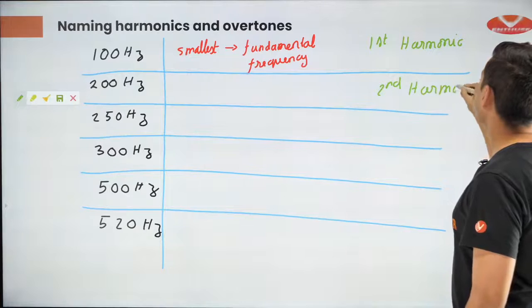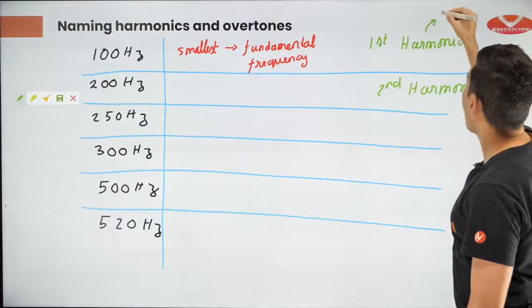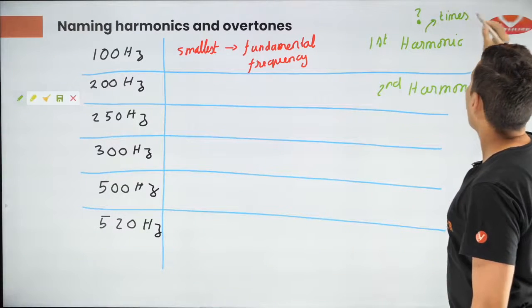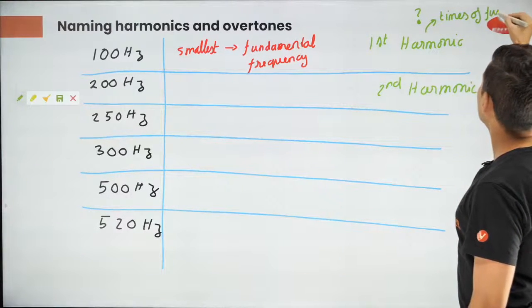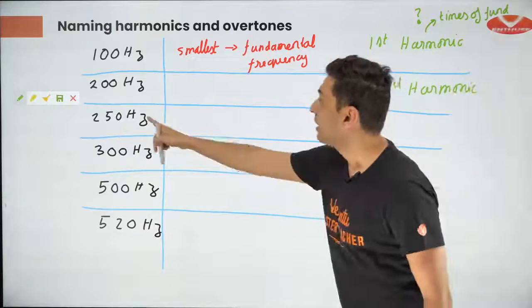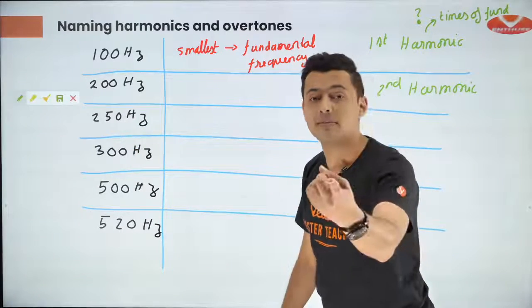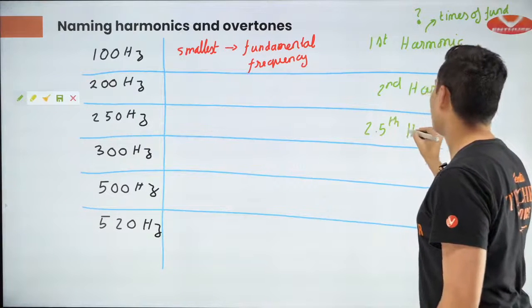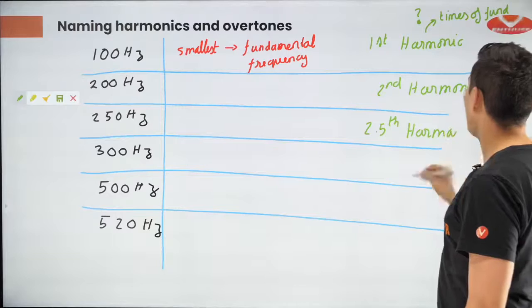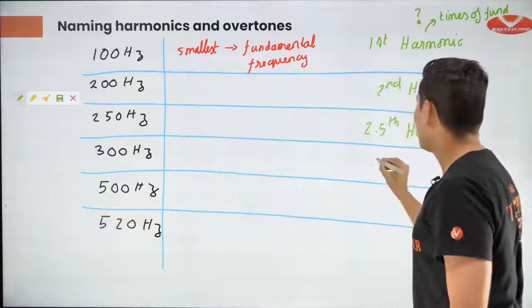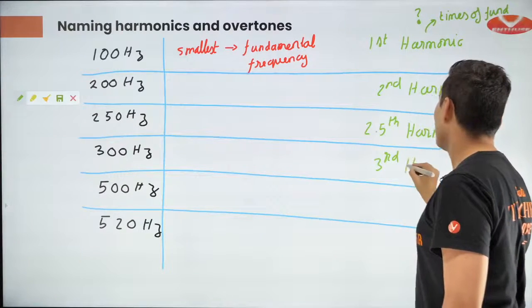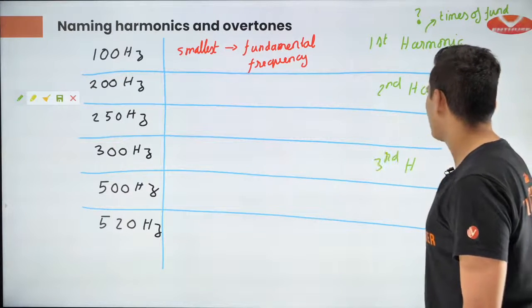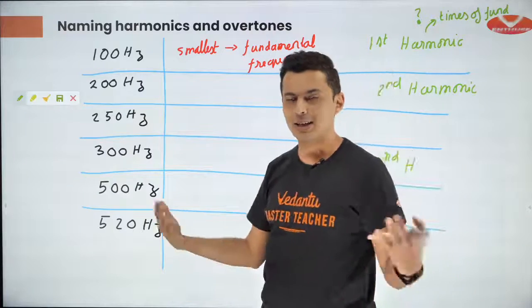Now harmonic in general means how many times of the fundamental. How about 250? It is 2.5 times, so it is the 2.5th harmonic, I can say. How about 300? It is the third harmonic. But generally, these 0.5 harmonics are not written because they are off the tones.